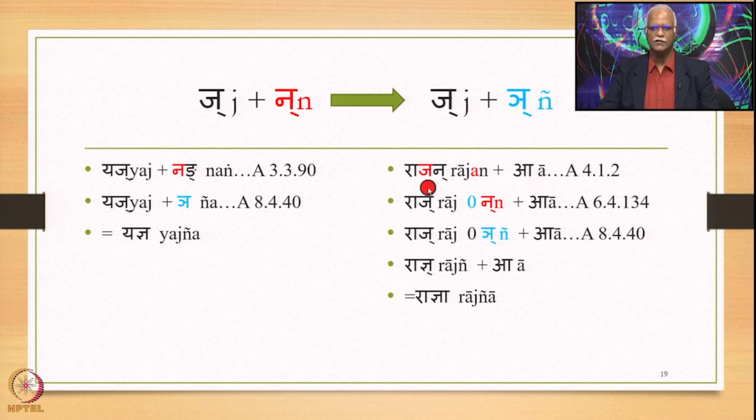And once again this A after consonant J gets deleted by 64134, and so we have Raj, N and A. This J and N are in Samhita mode now because this is one pada, and so now this is stu, this is shchu, this is purva nimitta, and this N will be replaced by the fifth consonant of the chavarga, which is y. So we have Raj, y and A, and that is Rajya, and we get the final form Rajya.